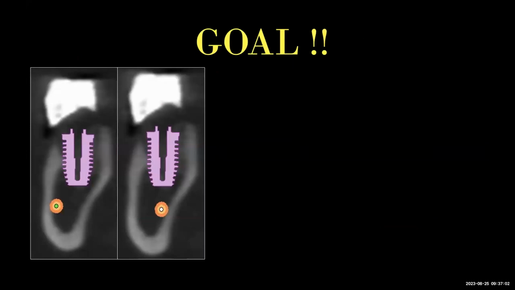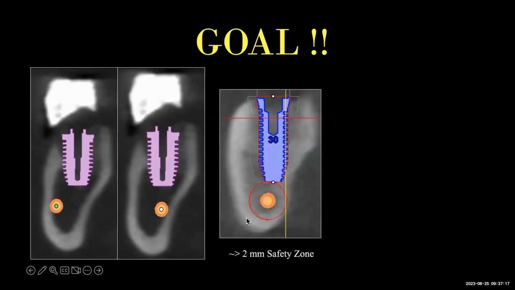So if we look at the nerve here, our goal is to stay above it. So now we have interactive treatment planning. We know where the teeth are. We can place an implant. We know where the nerve is, whether it's buccolingual or in the center. Our goal is to stay at least 2 millimeters away. Most of the interactive CBCT programs now have safety zones where you can't get closer than 2 millimeters to the nerve.